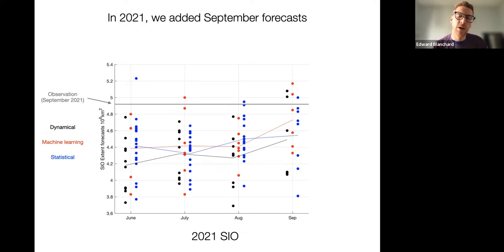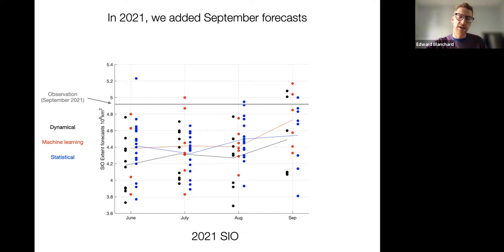What I show here are the results in 2021, which is the first year we did this. These are all the forecasts from either the dynamical, statistical, or machine learning models during the June, July, August, and September forecast periods.